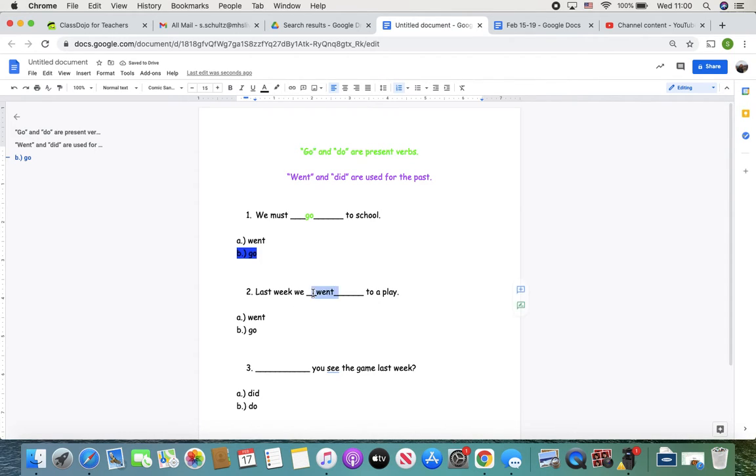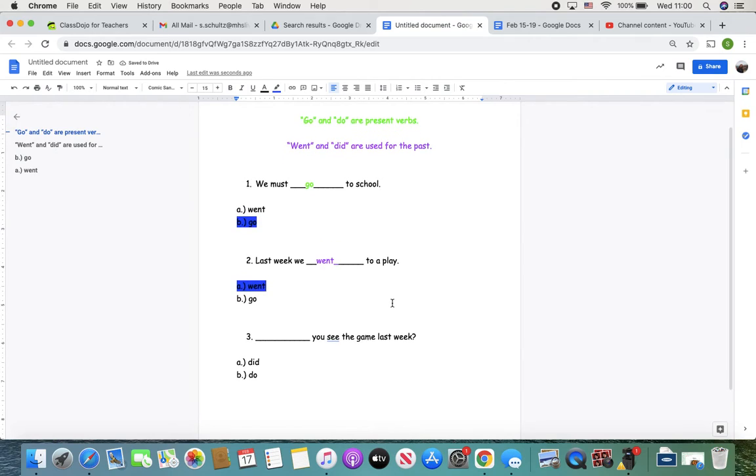So I'm going to highlight went purple to go with our theme, purple being the past and green being what's happening now, the present. And then I'll highlight this blue to mark our answer choice. Awesome. Last week we went to a play.